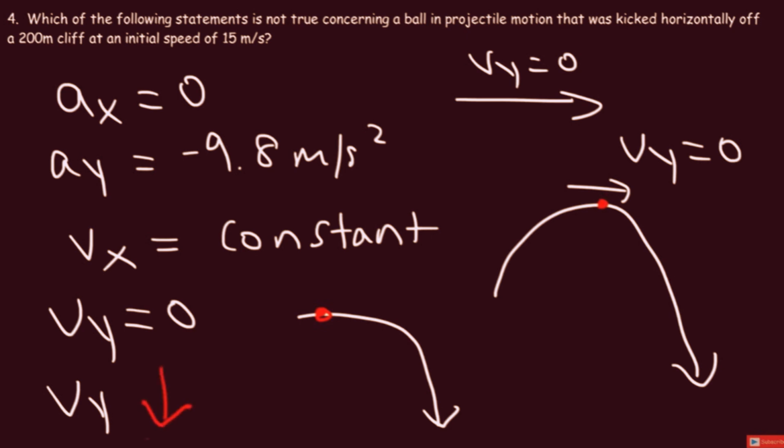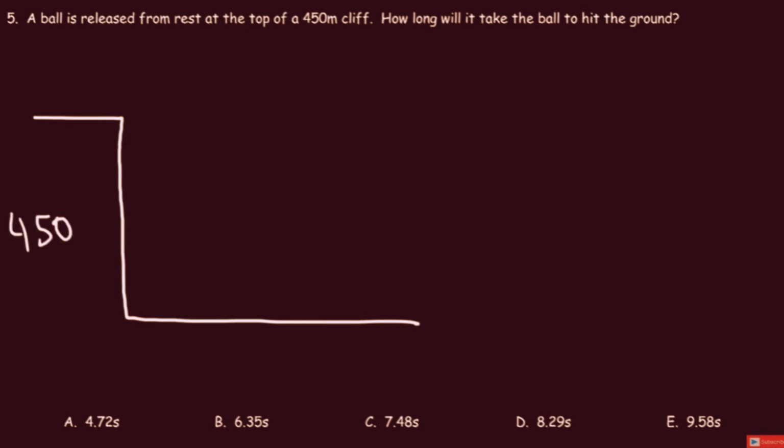Number 5. A ball is released from rest at the top of a 450 meter cliff. How long will it take the ball to hit the ground? So let's start with the picture. The cliff, and here the ground, so it's 450 meters high. So here's the ball, and it is released from rest, which means the initial speed in the y direction is zero.